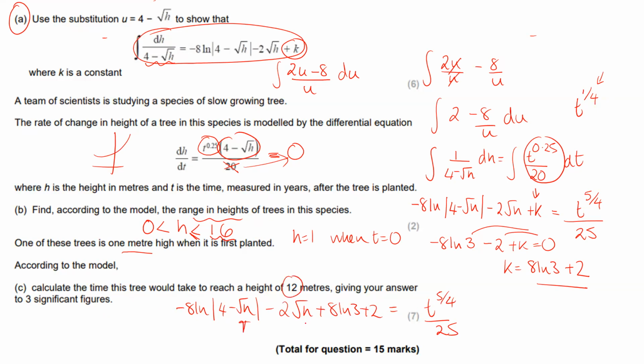So now we need to put h as 12 in our left-hand side, get that on our calculator, times it all by 25, cross multiplying, and then in order to get t on its own, we need to raise this side to the 4 over fifths, and then this side to the 4 over fifths. So all that needs to go in your calculator with h being 12.